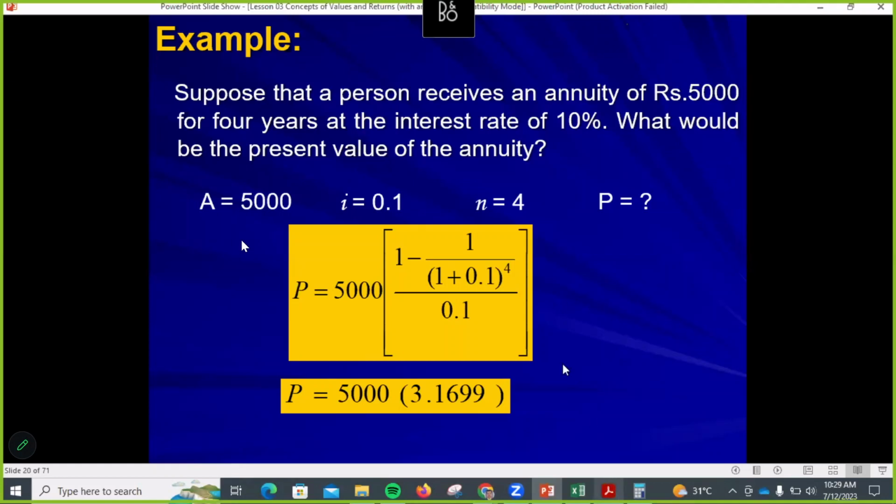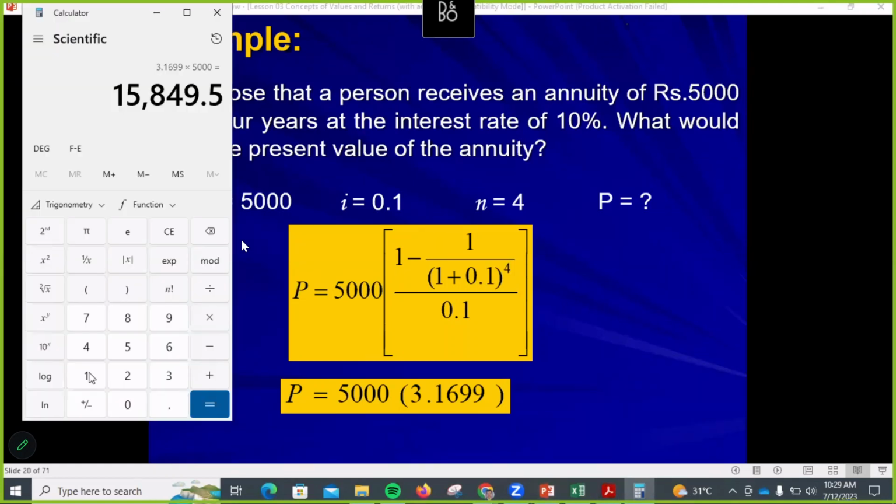That is 1 plus 1 plus. So you can get it for the first year.